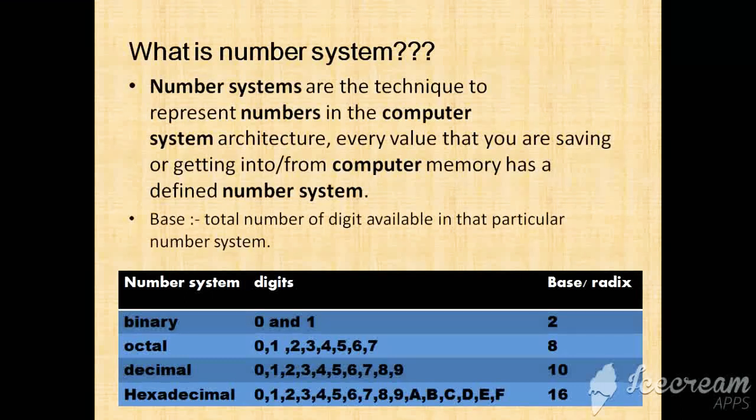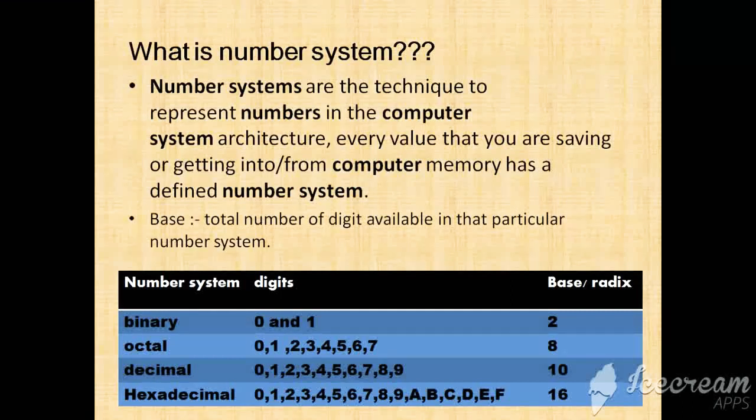So that will again be converted into decimal number system, or a human understandable language. So what is number system? That governs all these systems, all this process is done with number system, right?